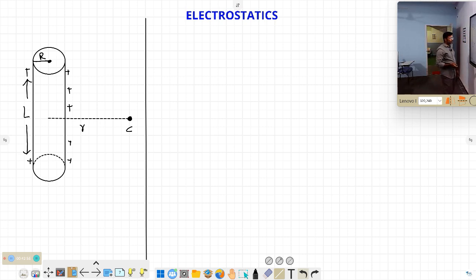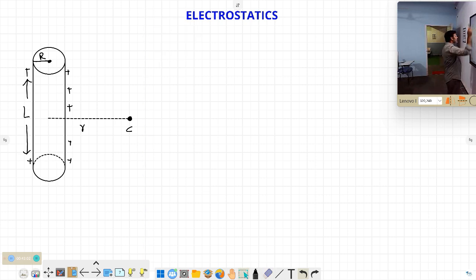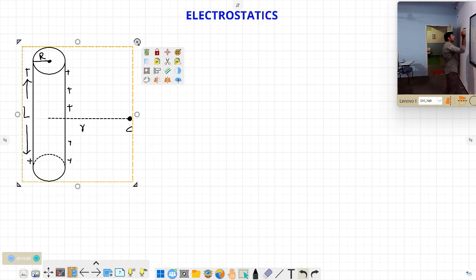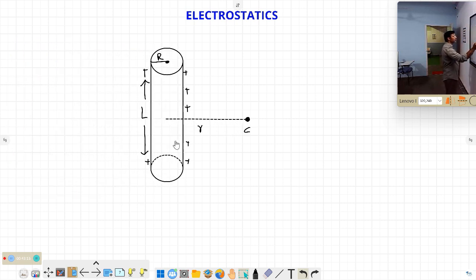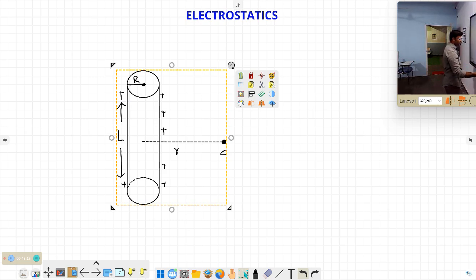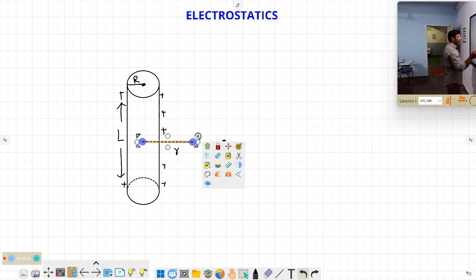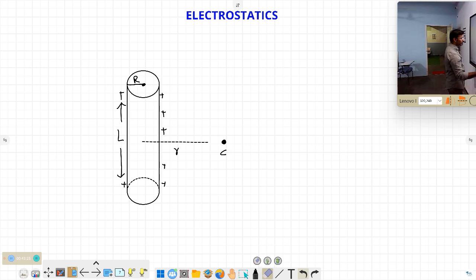To explain this concept, first we need to understand at what point you need to calculate. For that, you have to take a little distance so that we can easily understand this. In this case, I am taking the point a little nearer to reduce the area of the problem.